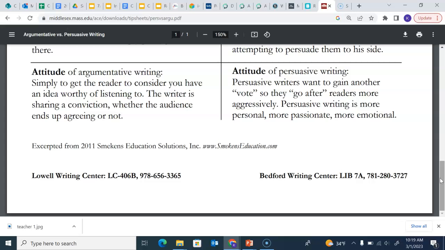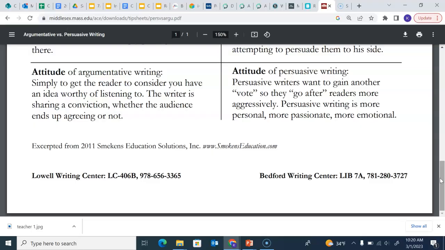So their tone is very respectful, very confident, very open-ended. And the writer is sharing a conviction or a belief that they have, whether or not the audience winds up agreeing with it or not, but they're not using emotional appeal and language. They're really only using facts and research and evidence.